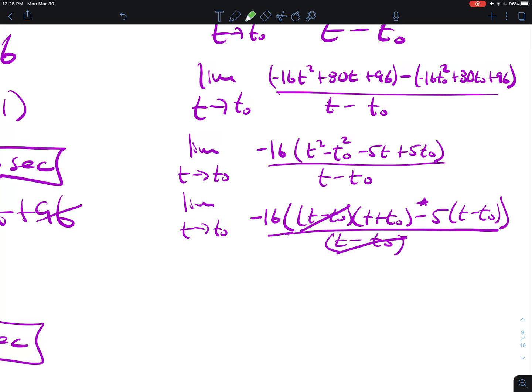And by both terms, I mean this multiplication and this multiplication, which I can, which is great. I can cancel those out. So that leaves me with negative 16 times t plus t null, minus 5.